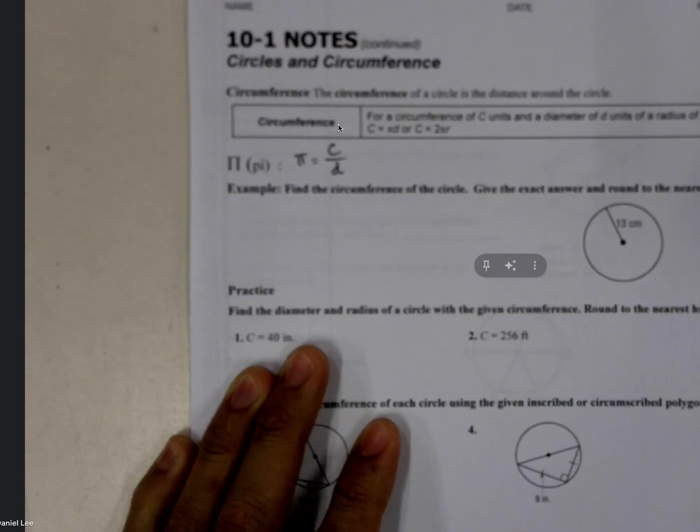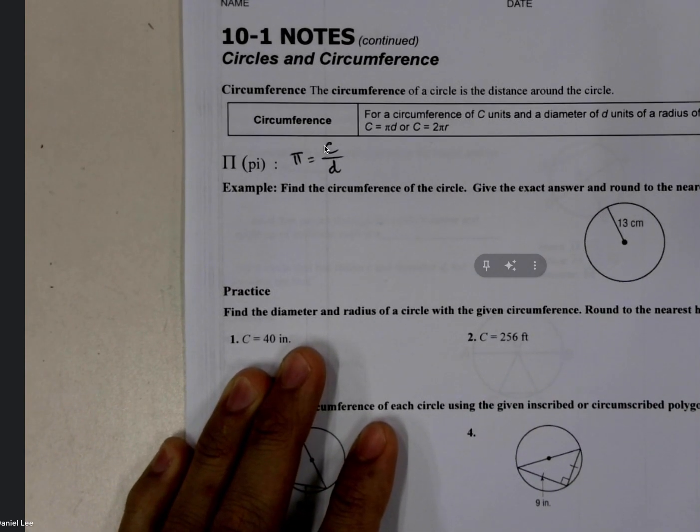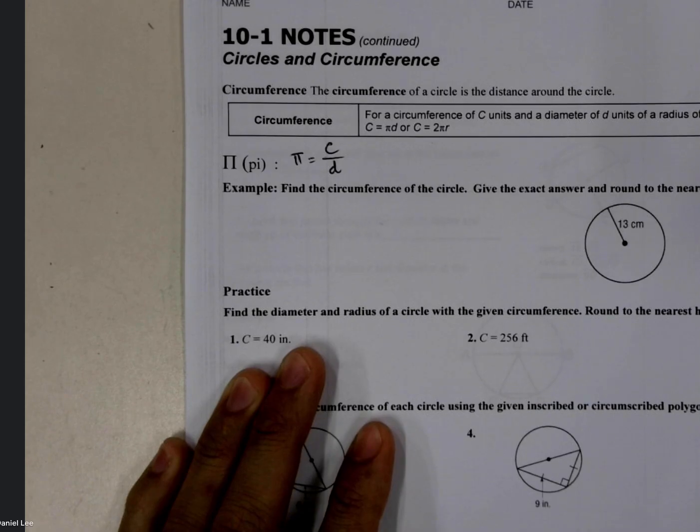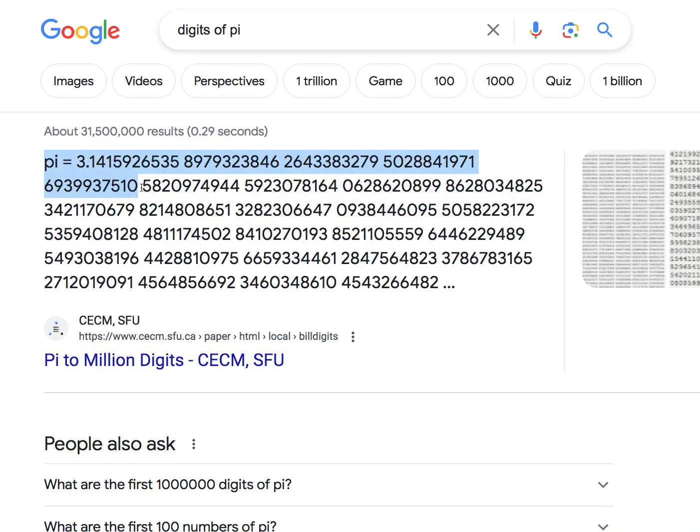And if you do that for any circle, if you take the circumference and divide it by the diameter, you will get a non-repeating, never-ending number, which we call pi, which always has these decimals. We usually shorten it up to 3.14, but it's been proven that it will never end.